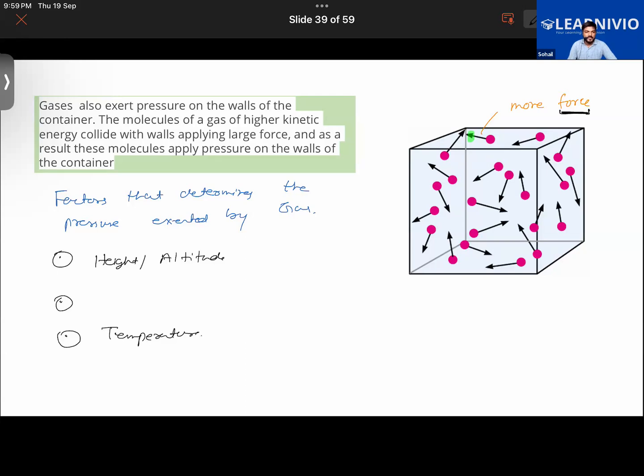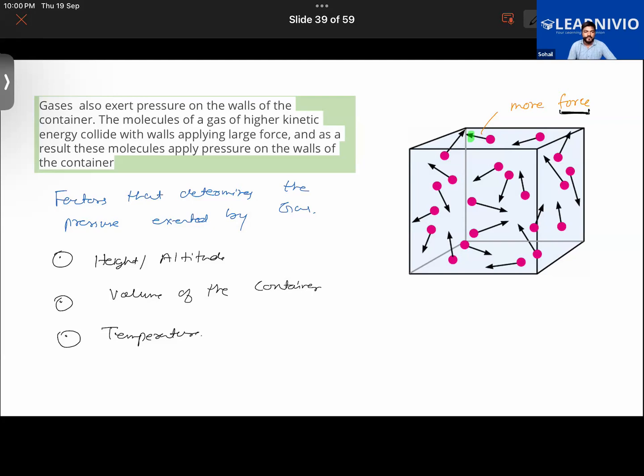If you have stored the molecules of gases in a small container, the pressure exerted by it will be more. But if it is stored in a bigger container, the pressure generated by it will be less. So the volume of the container in which the gas is stored is one thing.